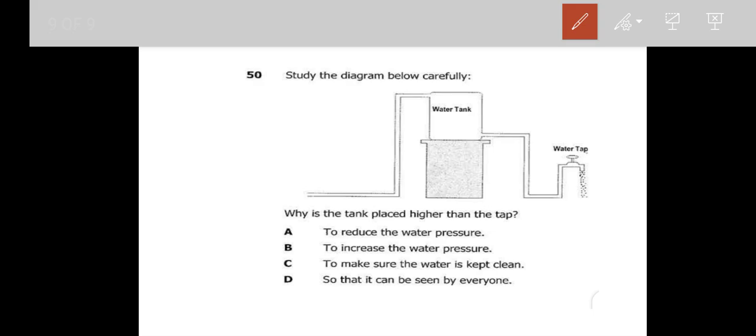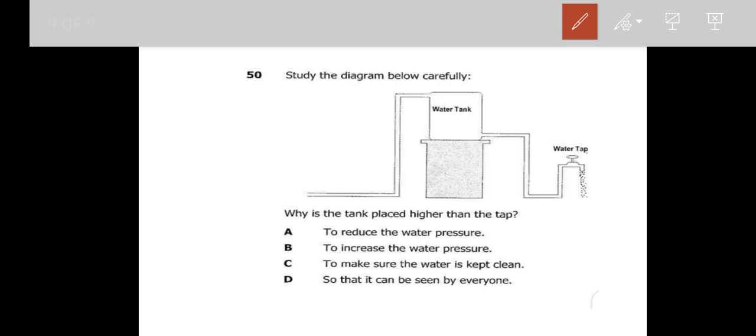For liquids, the pressure increases when you raise the height. You understand? The pressure will increase if you raise the height. Again, pressure is higher at the bottom.